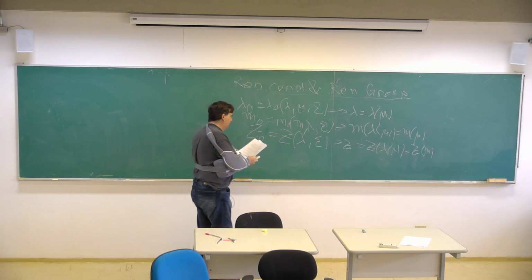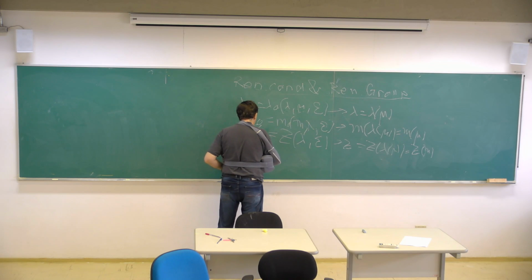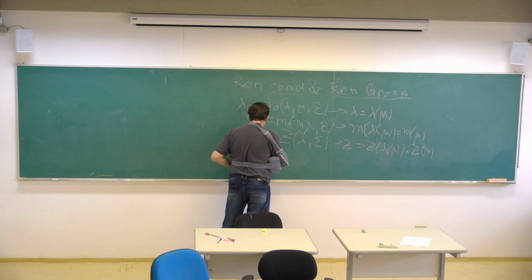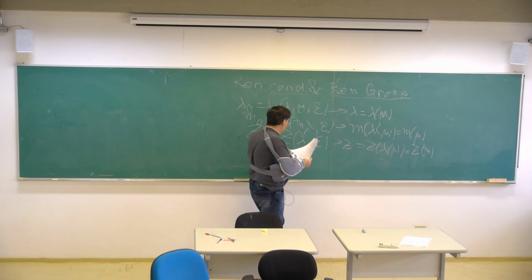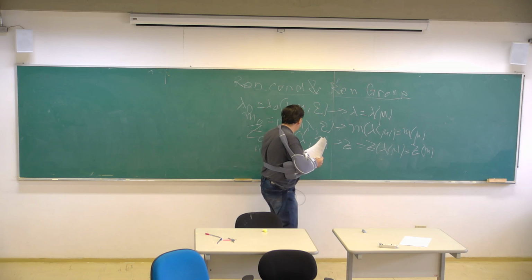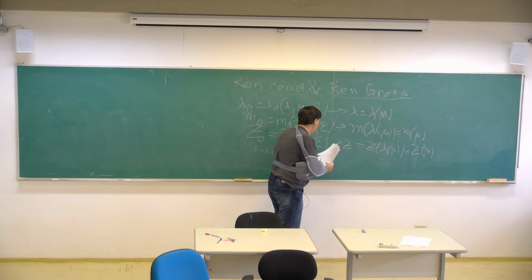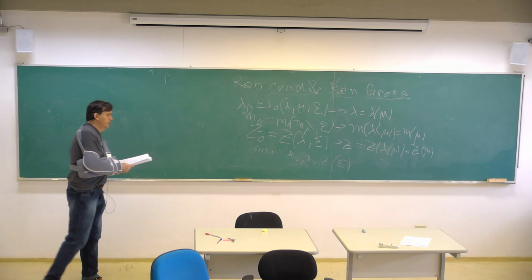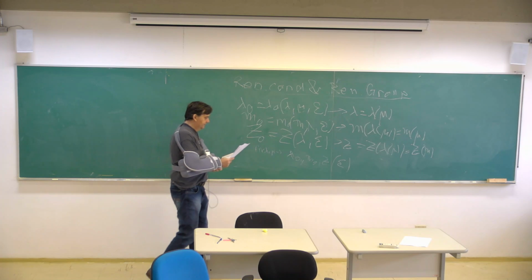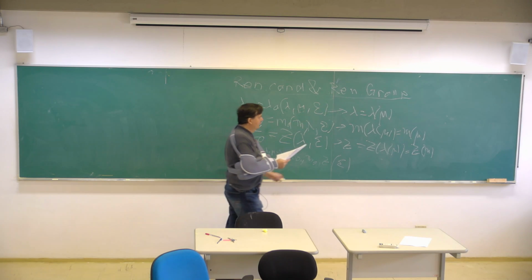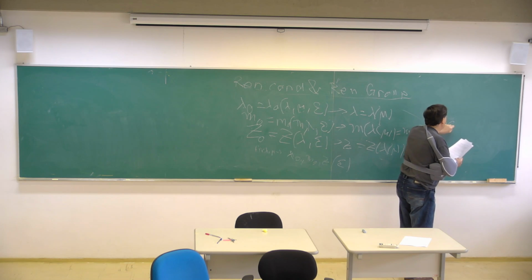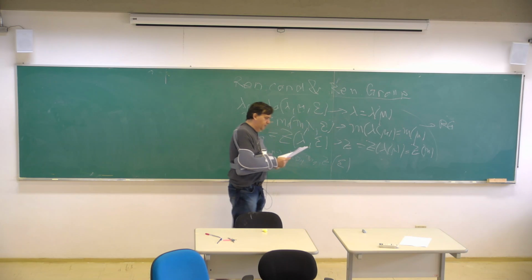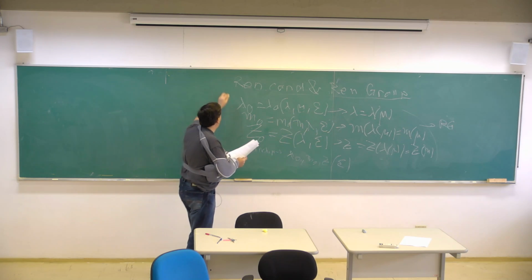And the other viewpoint is that you fix lambda and mu, and then you obtain that lambda 0, m0, and z are functions of the dimensional regularization parameter epsilon. And this point of view will lead to the renormalization group that we'll describe.